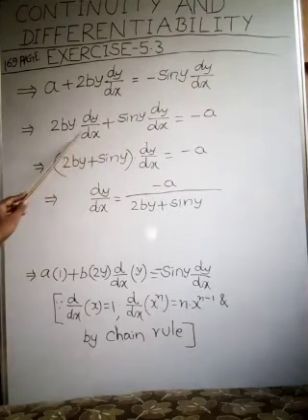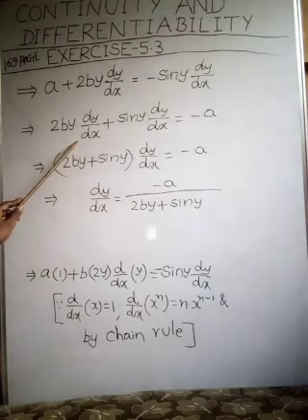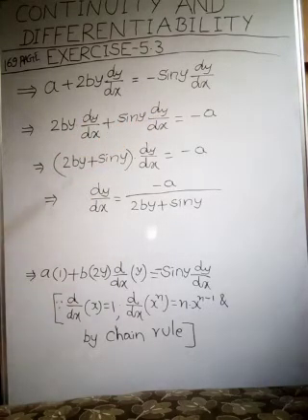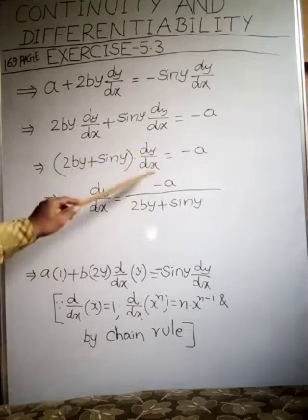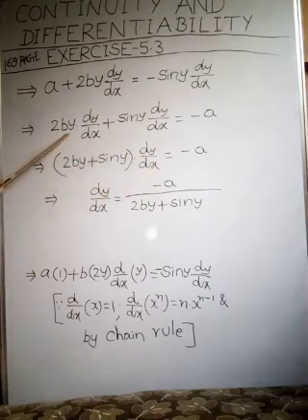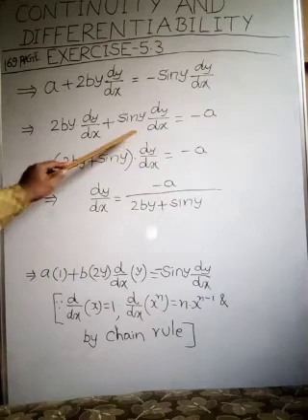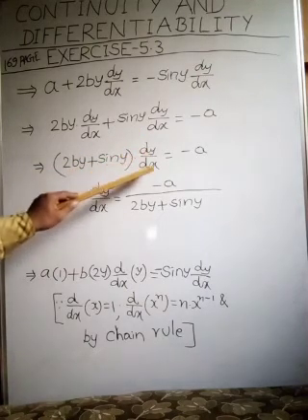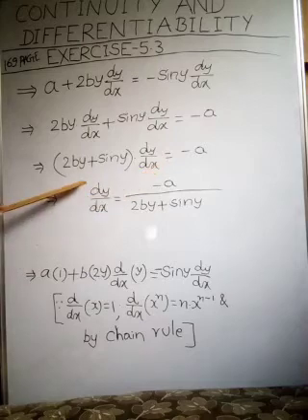Right. From these two terms, we are taking out the common factor. What is the common factor here? dy by dx is the common factor. By taking out this common factor dy by dx, here we get 2by plus sin y. So 2by plus sin y into dy by dx. Understood this step, my dear children?